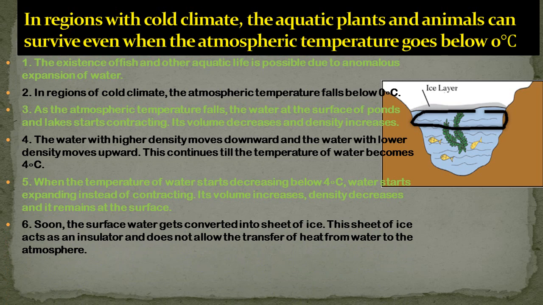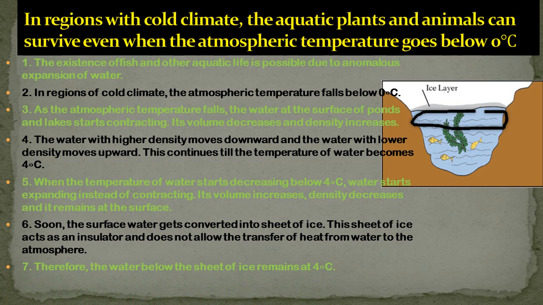As you can see in the alongside diagram, an ice layer is formed on the surface of the ponds or any water bodies. This sheet of ice acts as an insulator and does not allow the transfer of heat from the water to the atmosphere. That means from the water below the ice layer, heat cannot pass through the ice layer. Why? Because ice is a bad conductor of heat, so it will not allow heat to transfer to the environment.